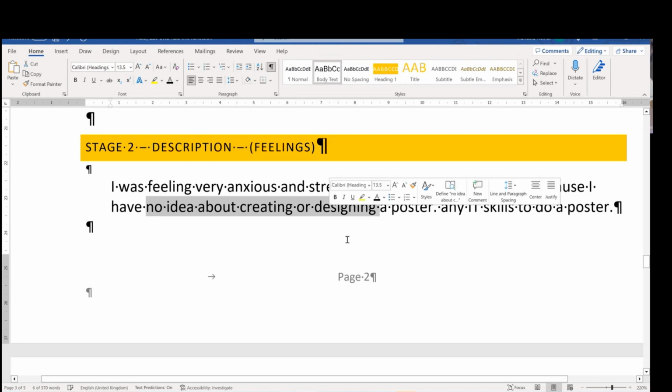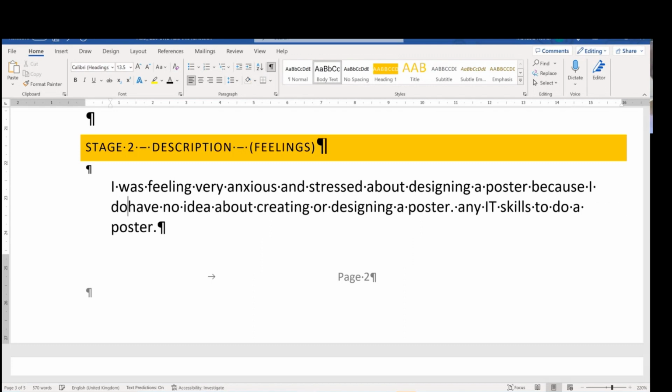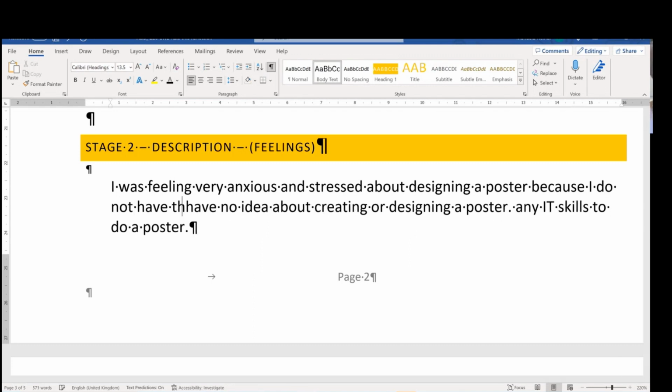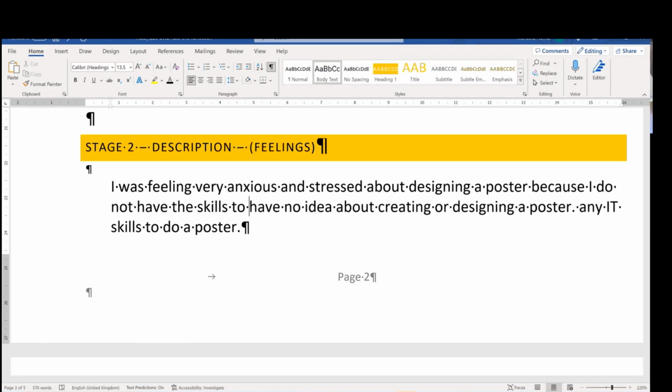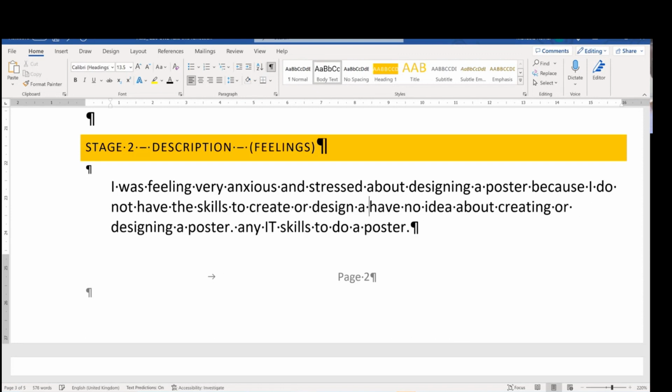That sounds very much like school talk to me. That's not very academic. Maybe I do not have the skills to create or design a poster.